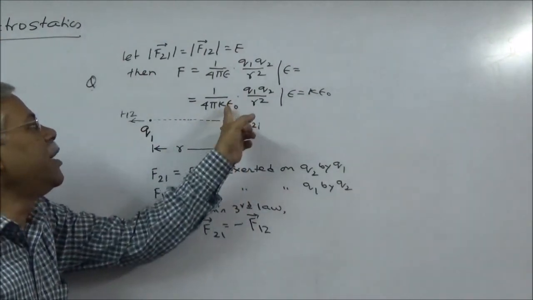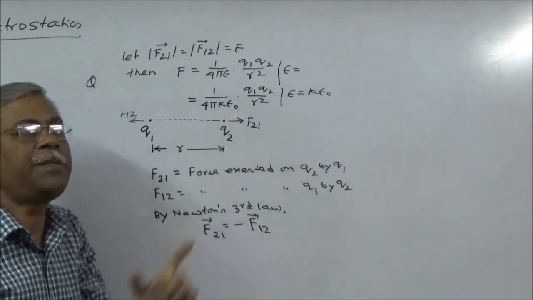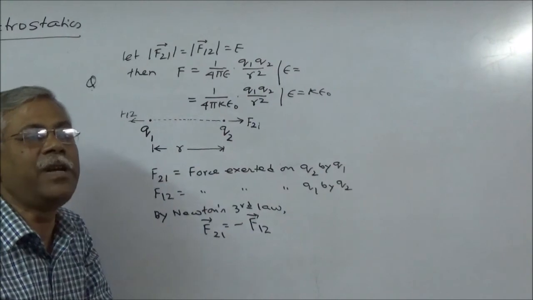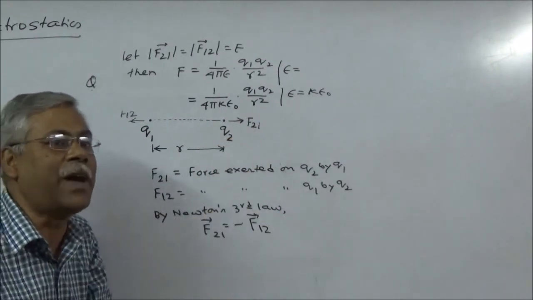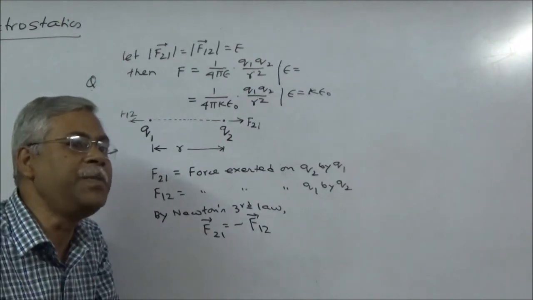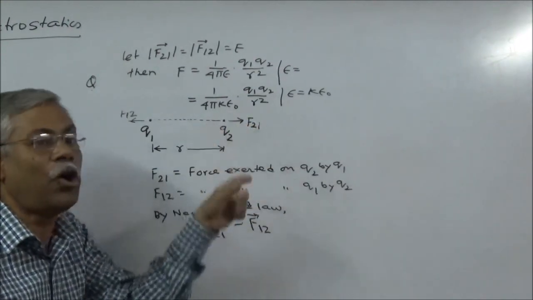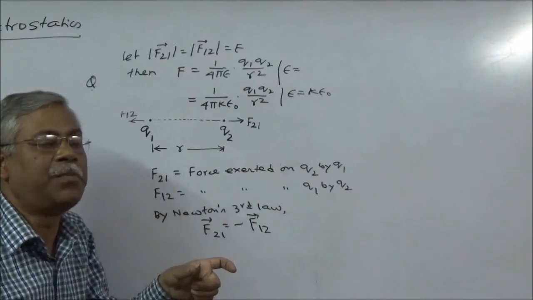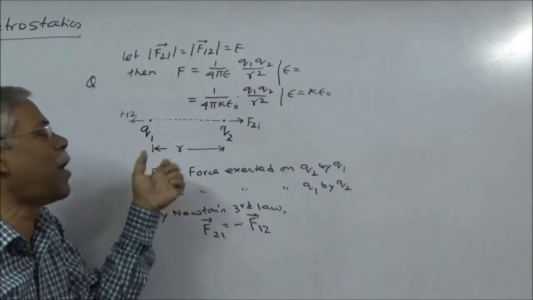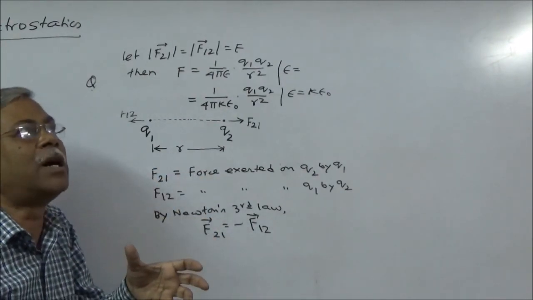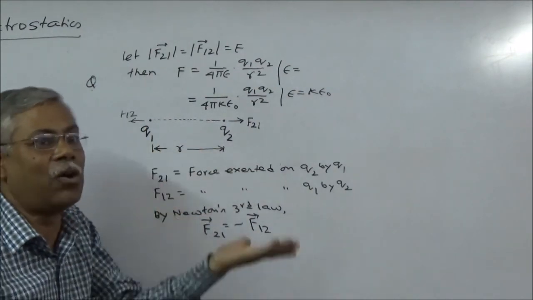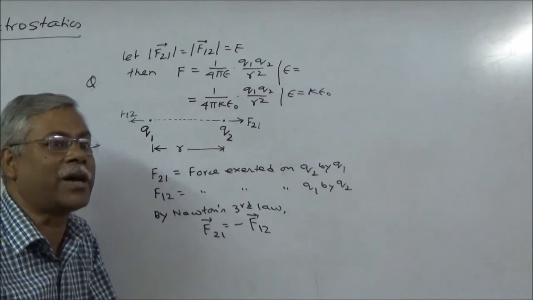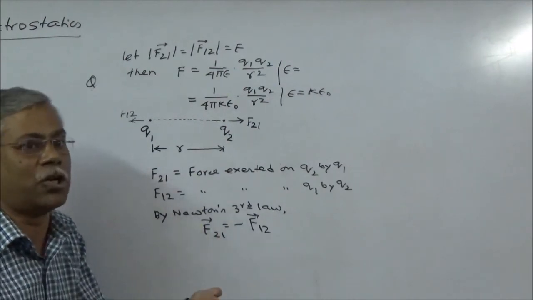Now what is epsilon naught? Epsilon naught is the permittivity of free space. Free space means vacuum. Permittivity is something which conveys whether the medium will allow the electric force to act or not, to propagate or not.